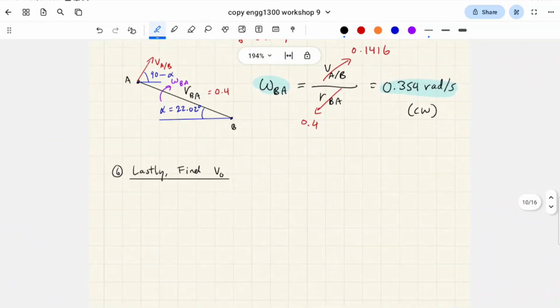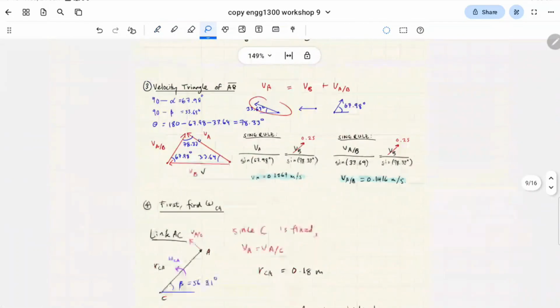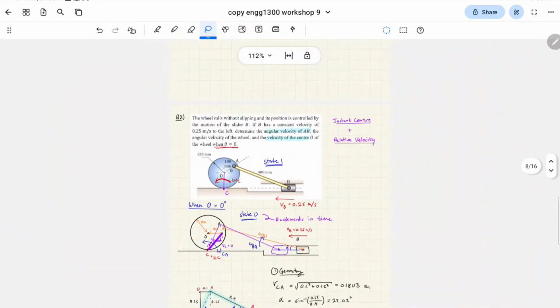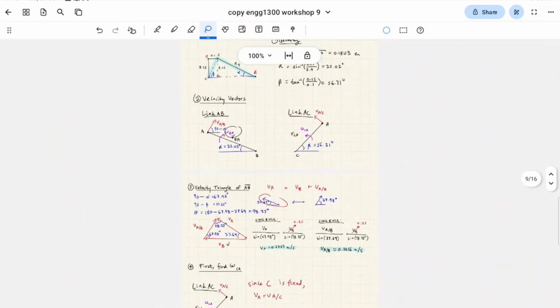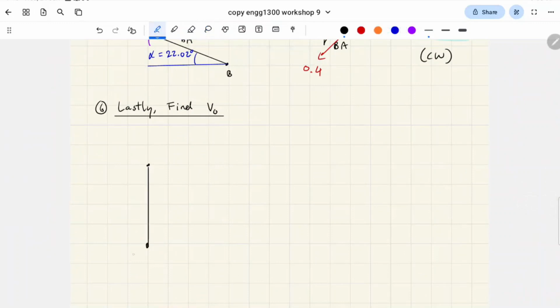Lastly, the question wanted us to find the velocity of the center of the circle, right? So how fast is it going to the left, pretty much? And for that, we can just draw this out. So I'm just drawing the geometry again.